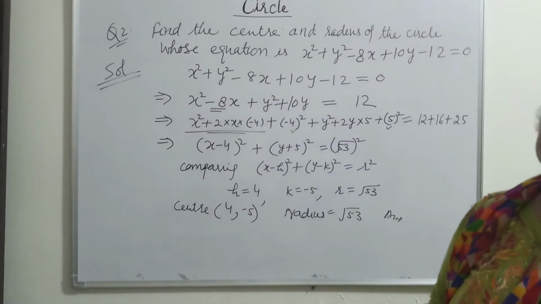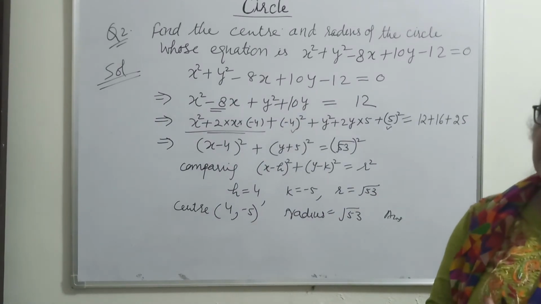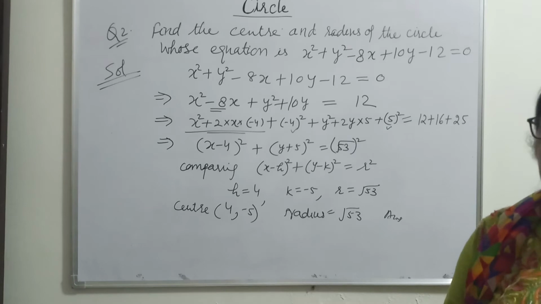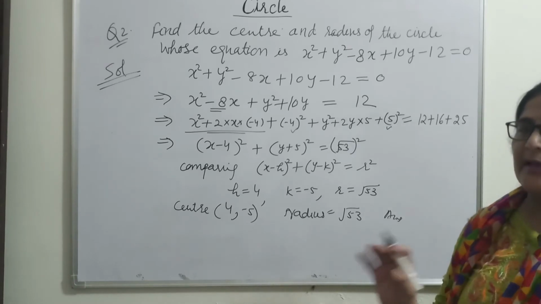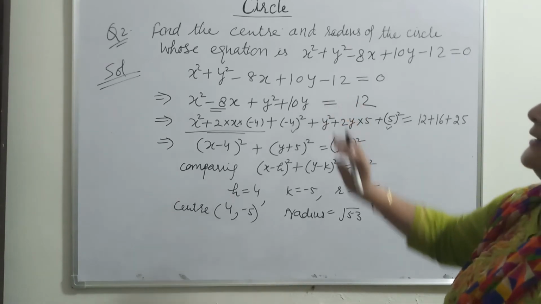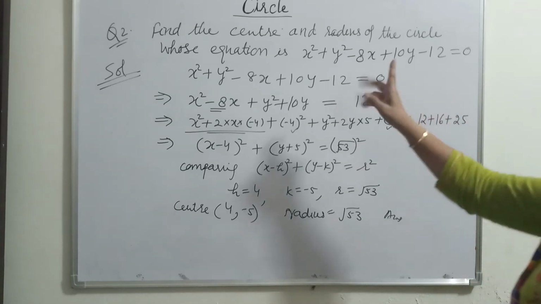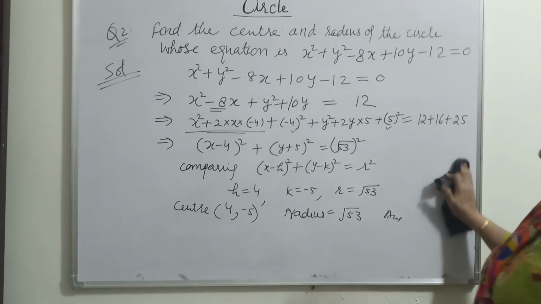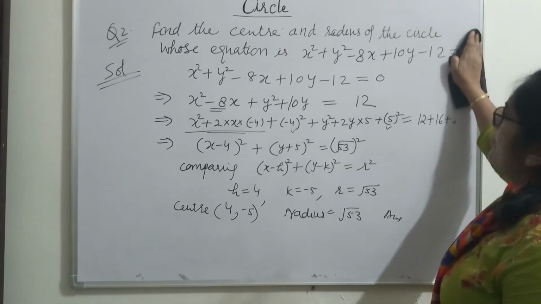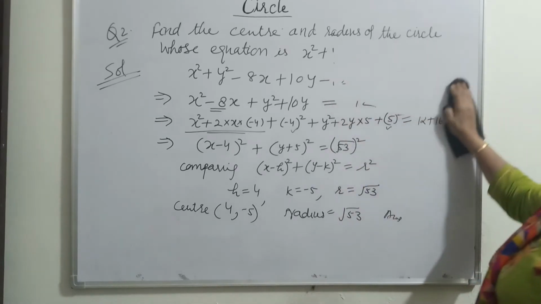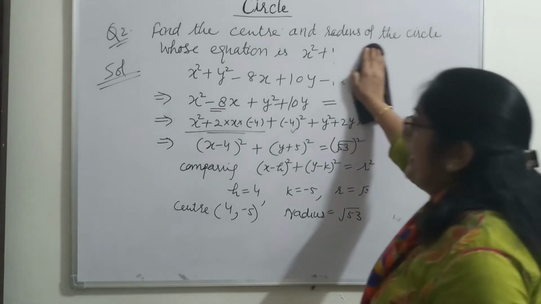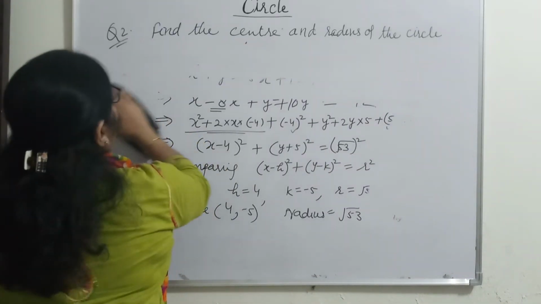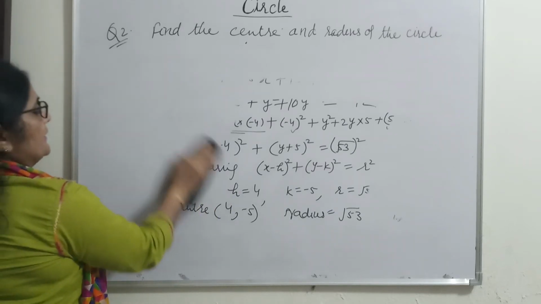Now, I have taken two types of problems. One in which the center and radius were given, find the equation of a circle. Second type is where the equation is given, find the center and radius. Now, I will take the third type of problem, in which we have to find the equation of a circle when the center and radius are not given directly.